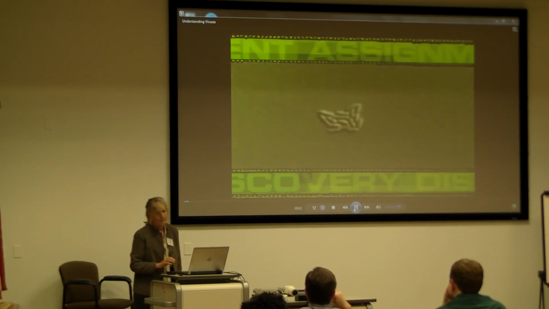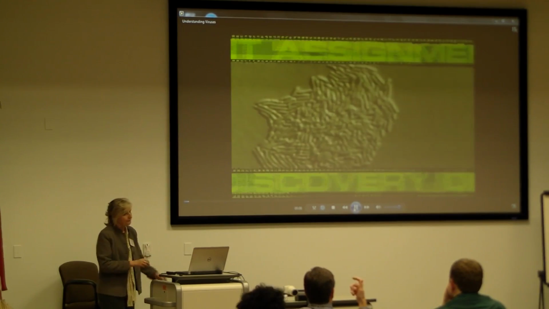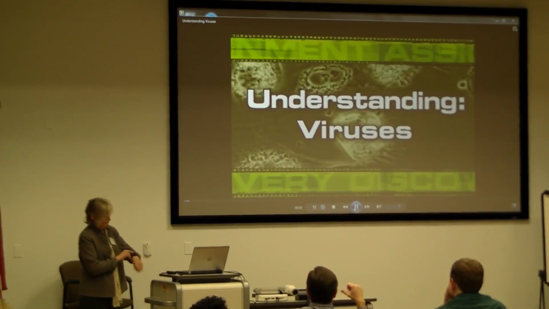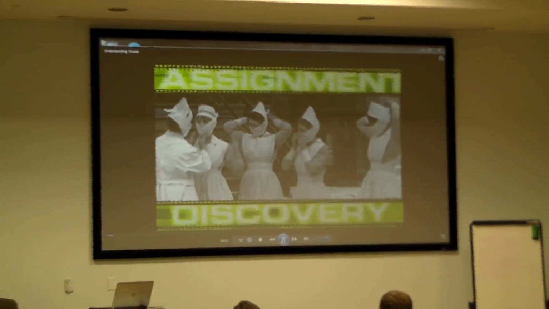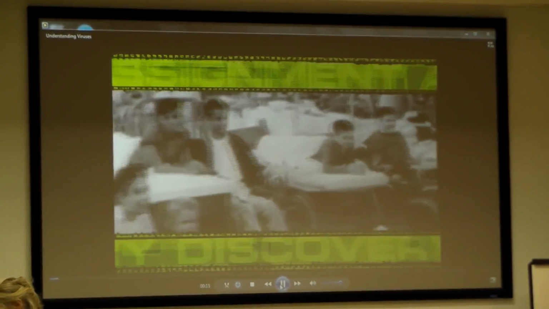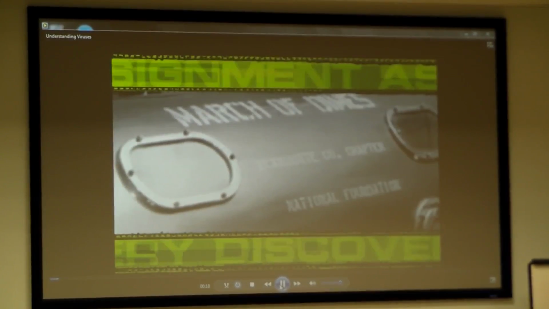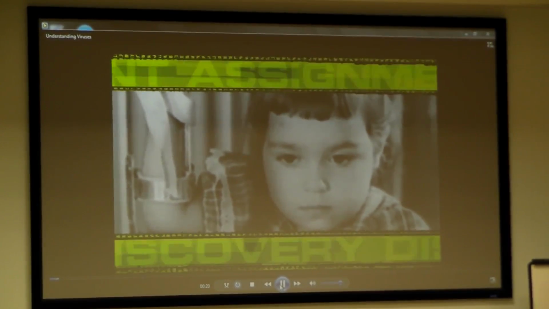Your hands, because a sign of discovery is about to be invaded by submicroscopic parasites in Understanding Viruses. In Viruses and Illness, you'll learn how viruses range from the common cold to HIV and have caused epidemics of disease more decimating to humans than any war or natural disaster.